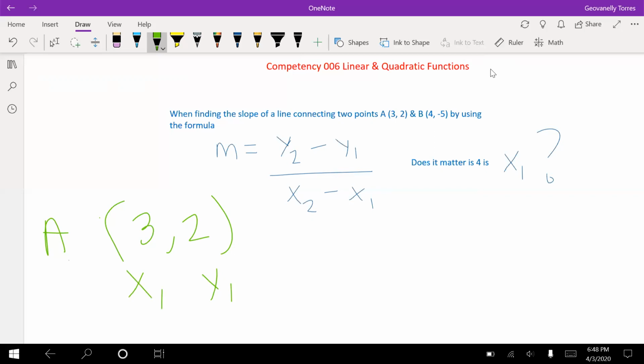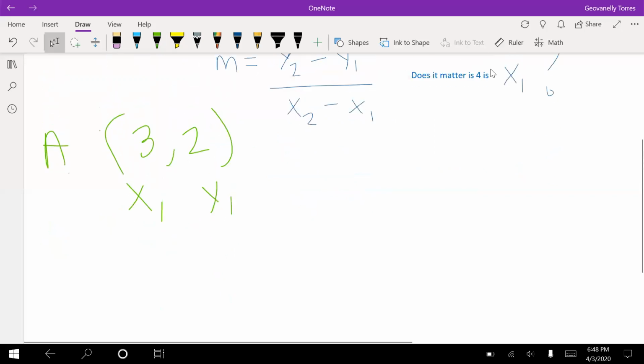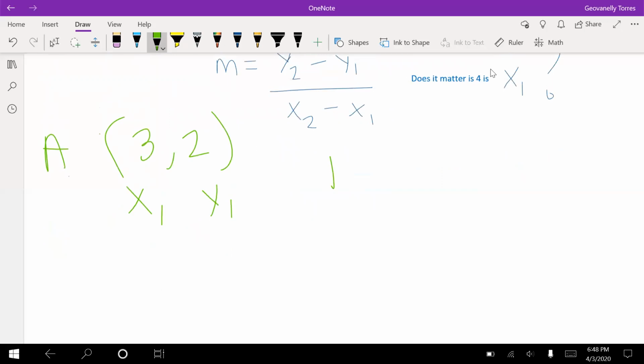Now, this means that our B will be (4, -5), and our 4 will be x2, and our -5 will be y2. There we go.